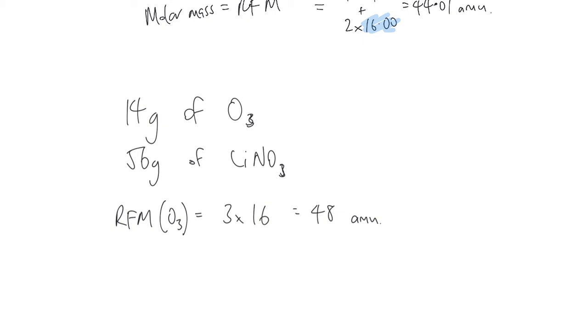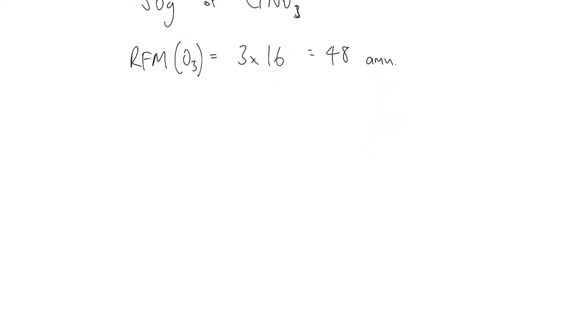So what I need to do now is learn a new equation, or actually a couple of new equations. We can work out the number of moles of O3 from the information given. We need the mass and the molar mass as well, which is effectively the relative formula mass.